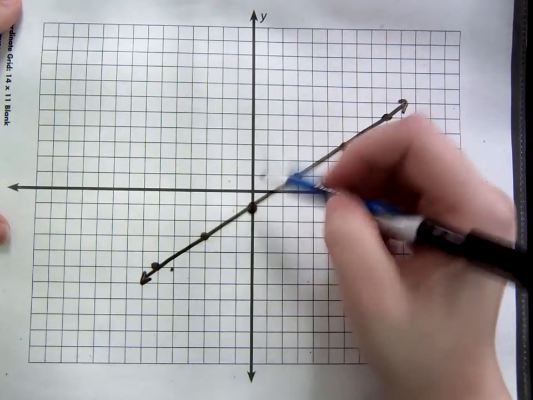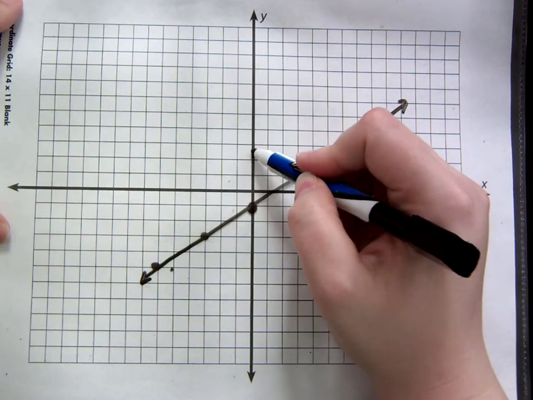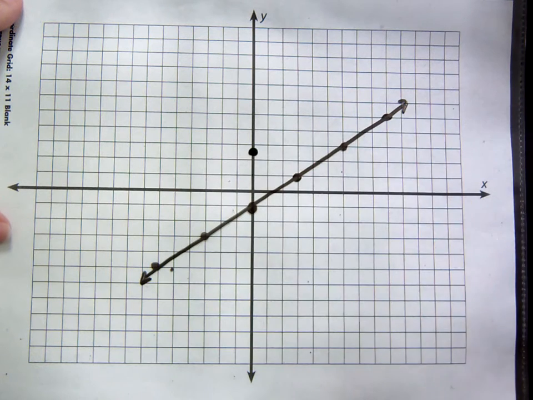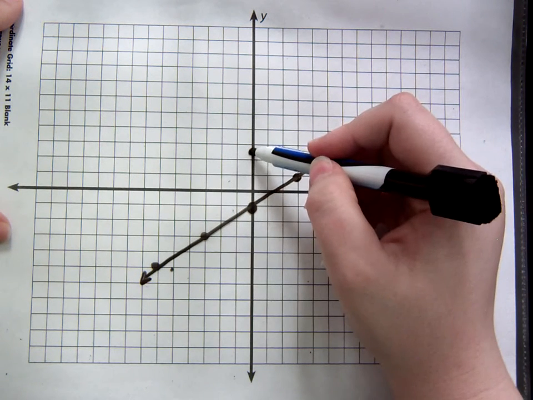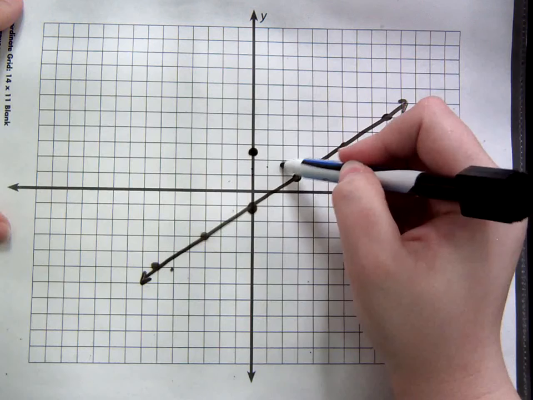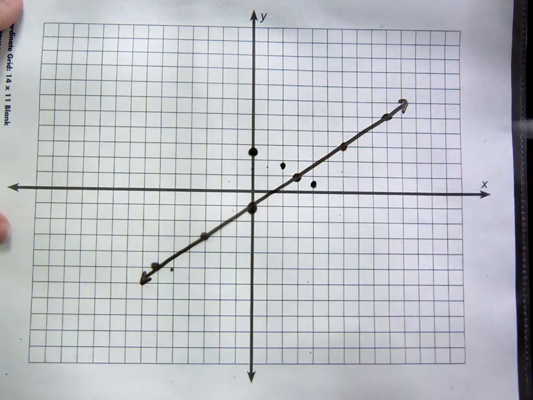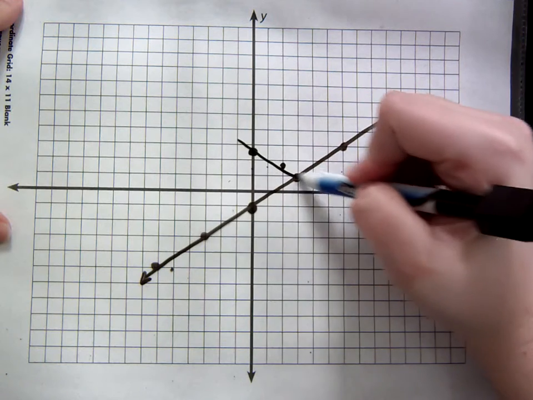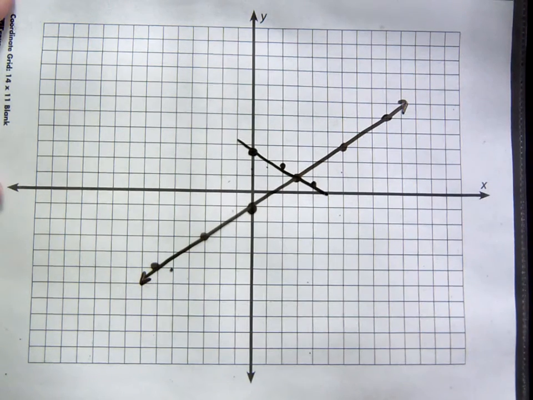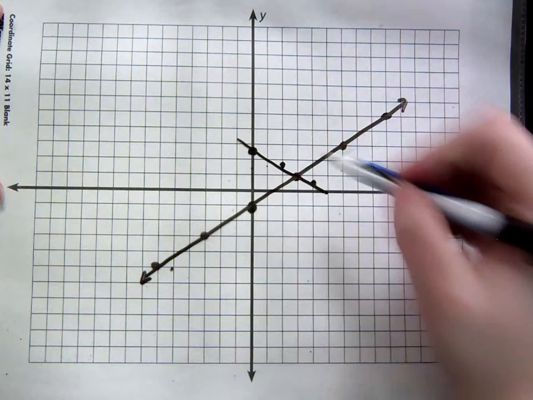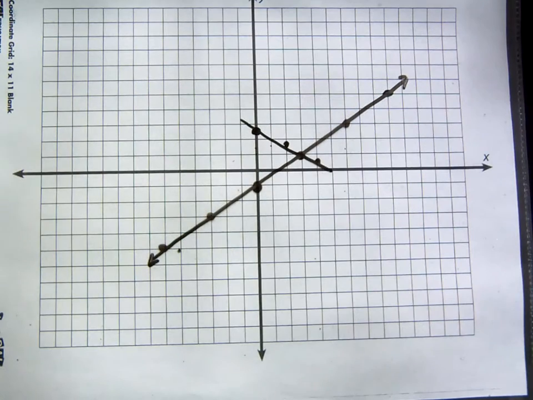So I'm going to go up 2.5, and it's a negative slope of down 1 over 2, down 1 over 2. Now, this one doesn't match quite as well. It's hard to tell. It looks like it might be this line, but let's be sure.